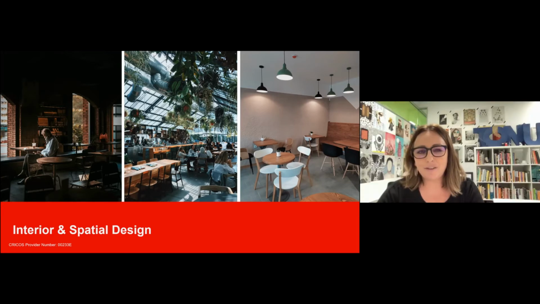I think I've probably said it about every slide so far, that every area of design is my favorite. But again, they all cross over and I find them all really interesting. And again, spatial design and interior design is such an important thing now more than ever in this COVID world, where we have to be very conscious of how far away we are from people. And you can see these are mainly cafe images here.